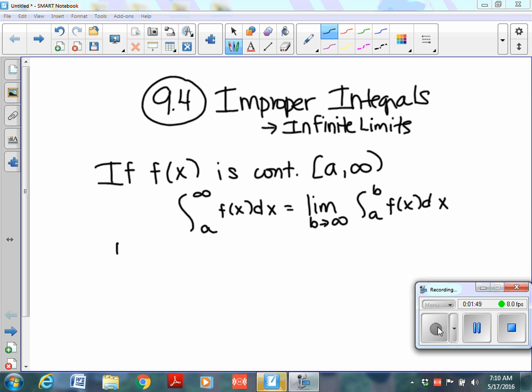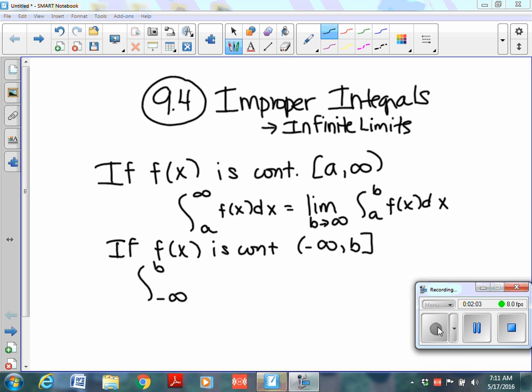The second one: if f of x is continuous from negative infinity to b, then the integral from negative infinity to b of f of x dx is the limit as a approaches negative infinity of the integral from a to b of f of x dx.